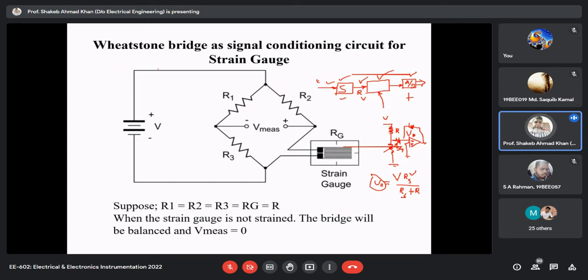Now the Wheatstone bridge is considered the best signal conditioning circuit for resistive sensors, not only for a strain gauge but any resistive sensor.